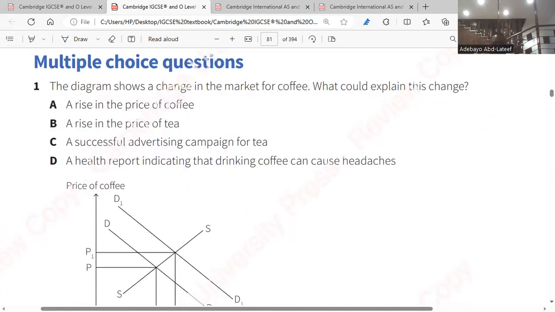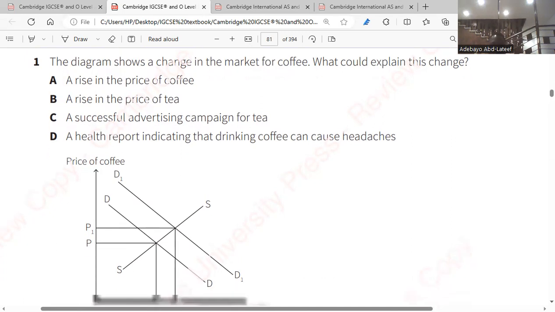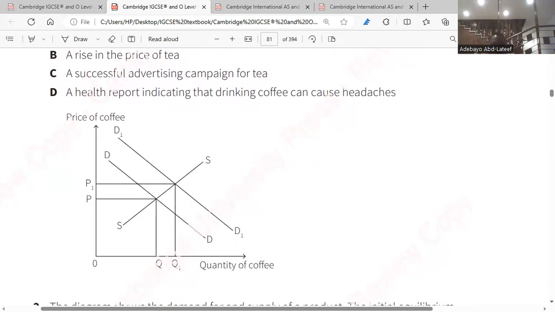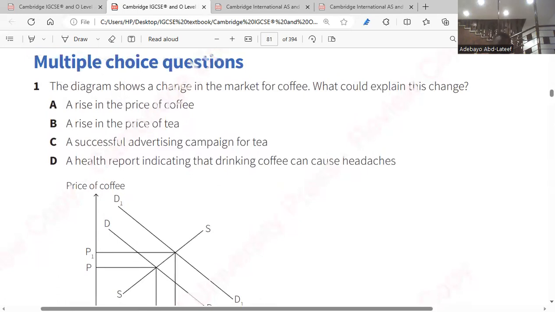The diagram shows a change in the market for coffee. What could explain this change? A: a rise in the price of coffee. B: a rise in the price of tea. C: a successful advertisement campaign for tea. D: a health report indicated that drinking coffee can cause headaches. The demand for coffee increased from D to D1. The price increased.